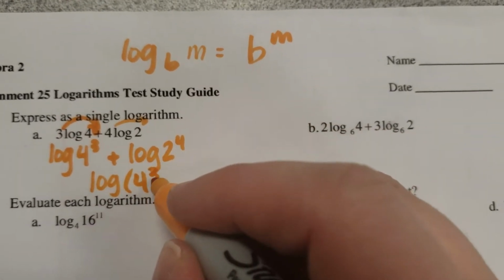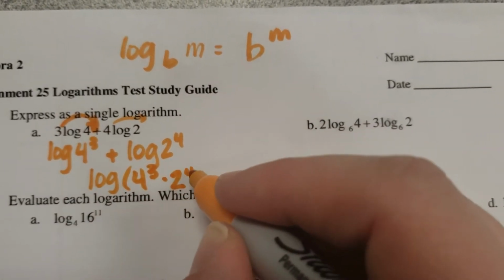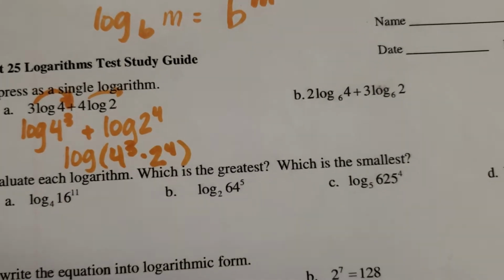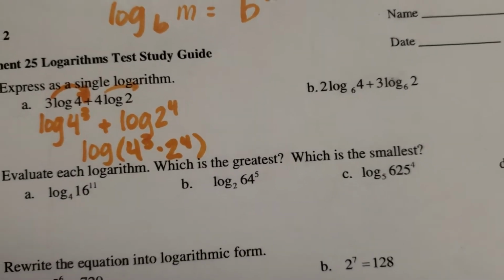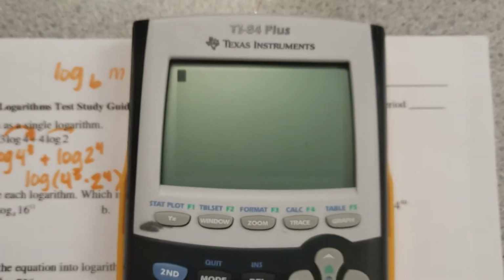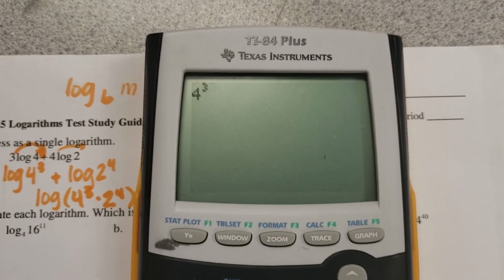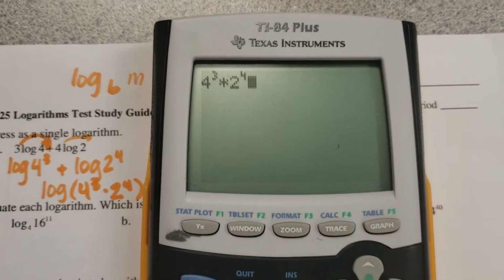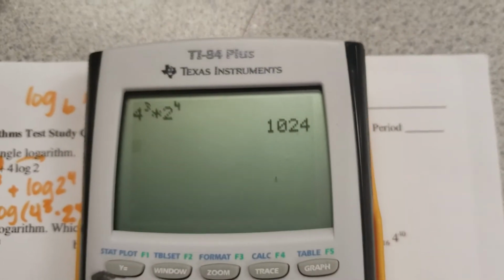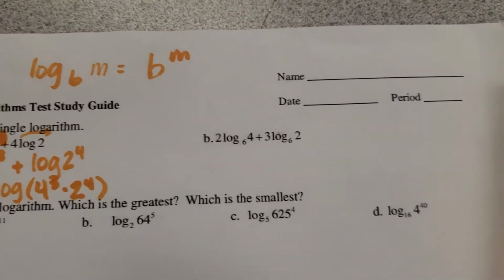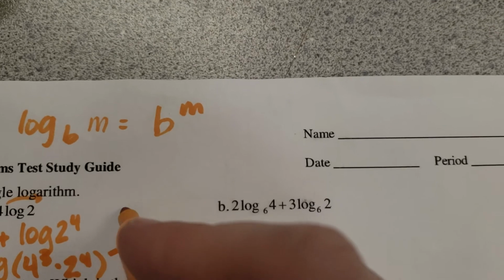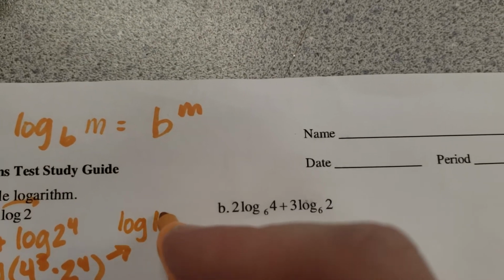We could write it this way if we didn't want to actually multiply those numbers out because it's pretty large, but we could actually multiply, right? I could do 4 cubed times 2 to the 4th and see what that number is. It's going to be pretty large, 1024. So that would be log base 10 of 1024.